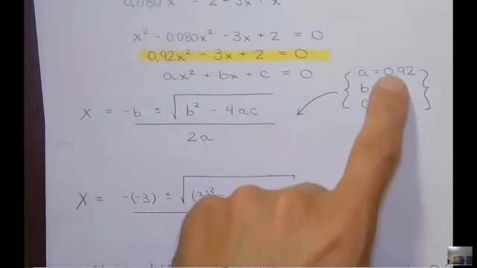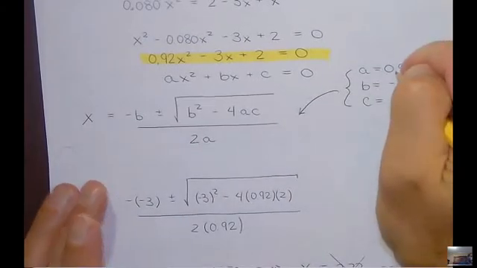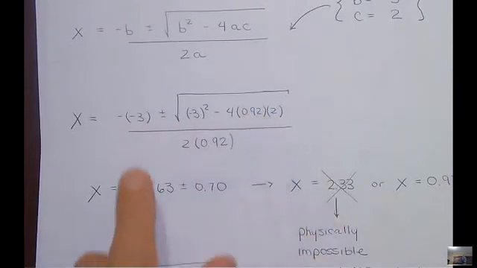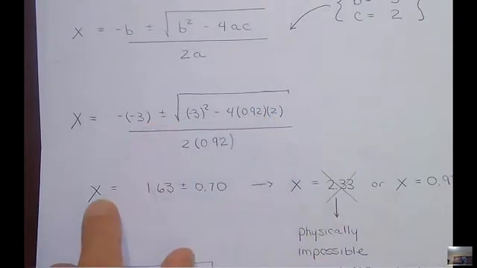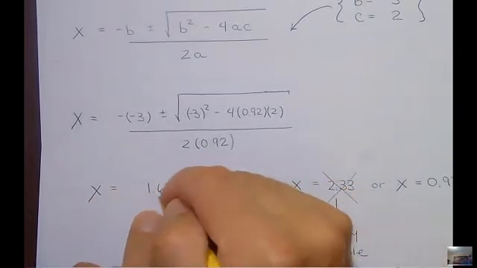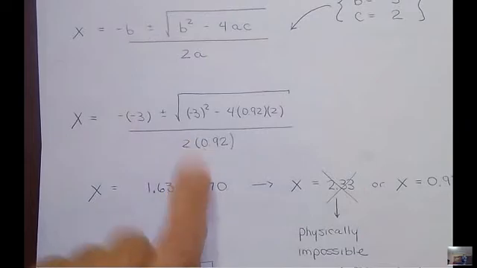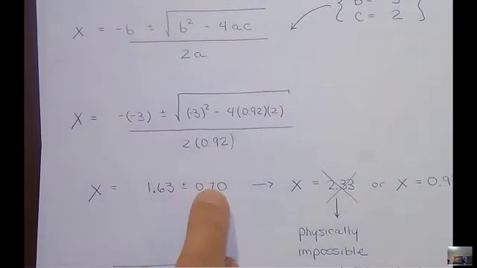So 2 times A, 0.92. Okay? When I do this math, what you're going to get is x equal to 1.63, that's this part over here, plus or minus 0.7.